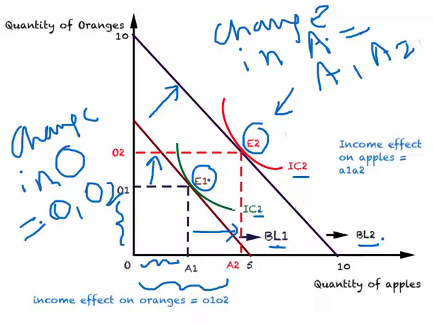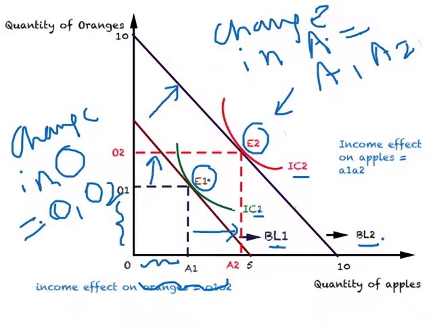So this is how we can measure the impact of change in consumption due to change in real income, keeping the price ratio the same: the income effect.